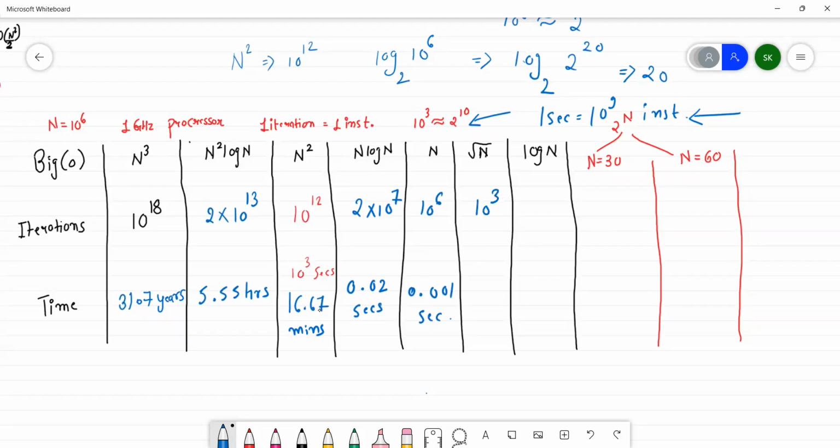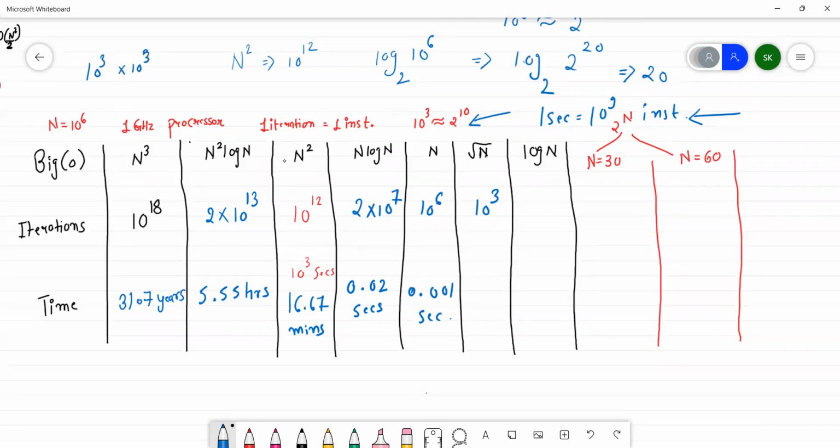And what will be the value for time? Shouldn't it be 10 to the power 4.5? Root n is when we take half as a power on 10 to the power 9.